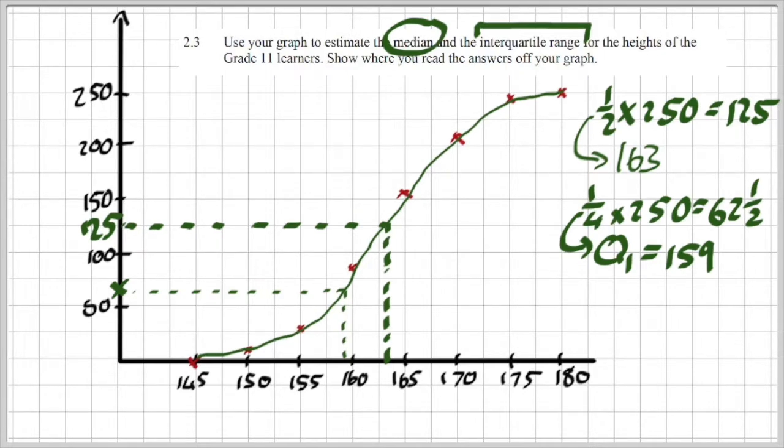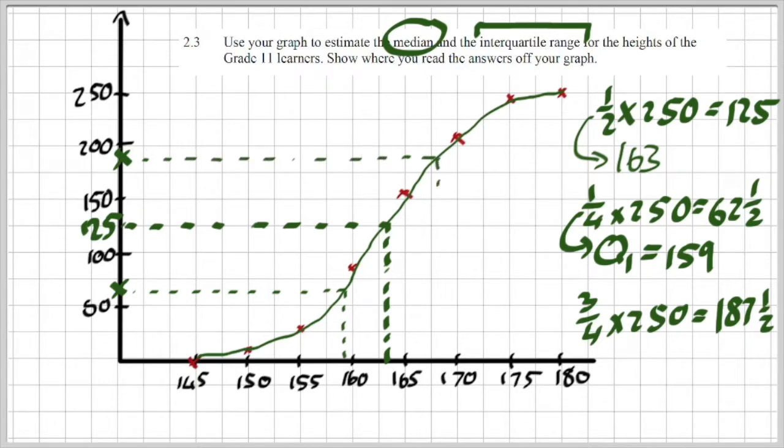Now, if you didn't get the median or the quartile 1, you try and do quartile 3 for me. So I'm going to take 3/4 of the 250, which is 187.5, find it on my axis, which is about there, tracing it to my graph, I'm going to look for a point down there, which is at about 168. And that is my quartile 3.